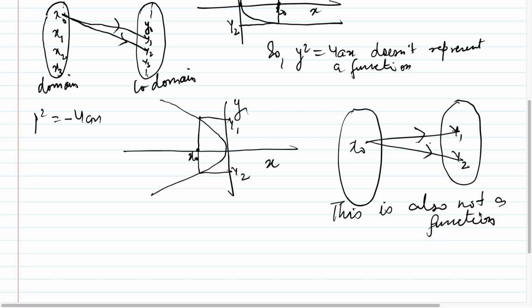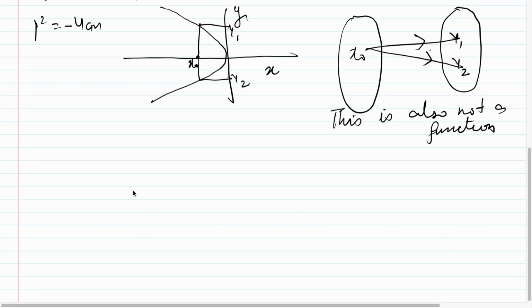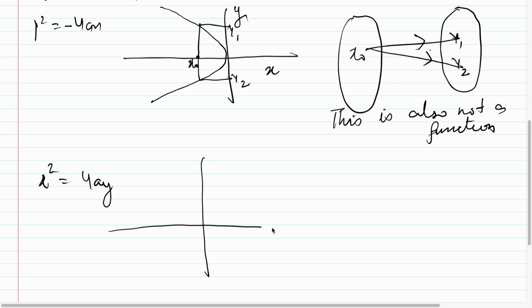Now let us move ahead and see x square equals to 4ay. The curve is like this. This is an upward parabola centered at origin. So this is your y, this is your x.